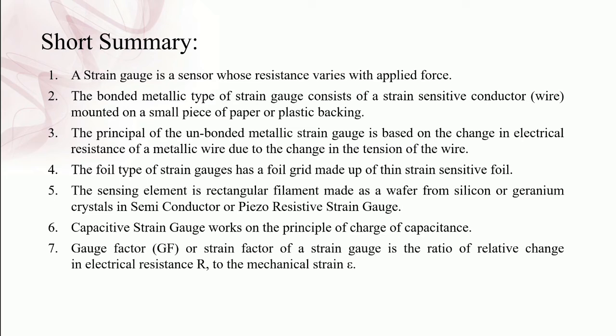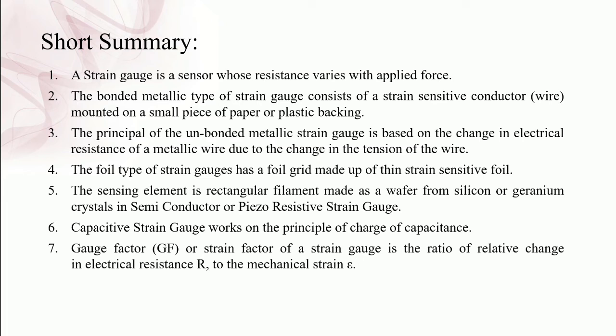In the wire wound strain gauge, there is the bonded wire strain gauge, where the bonded metallic type of strain gauge consists of a strain sensitive conductor mounted on a small piece of paper or plastic backing, which is cemented to the surface of the structural member to be tested.